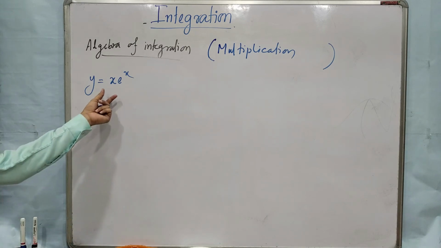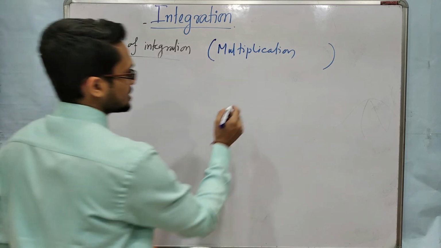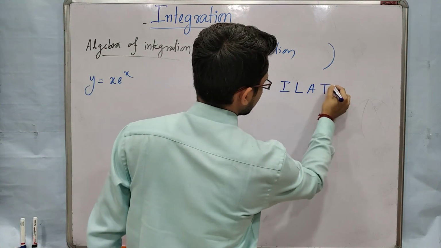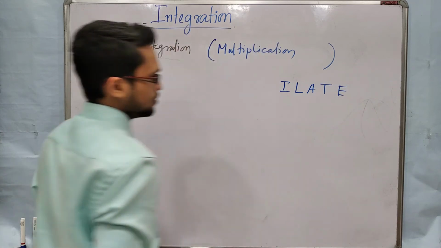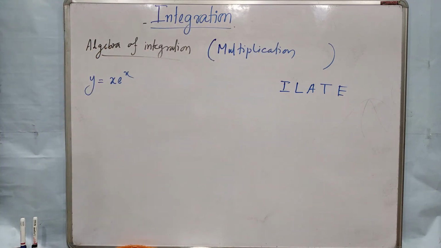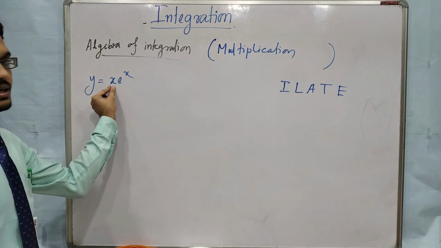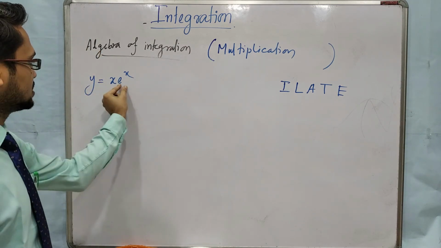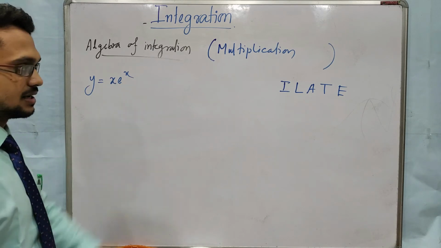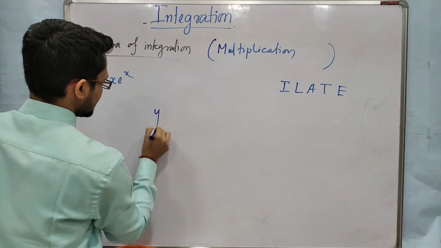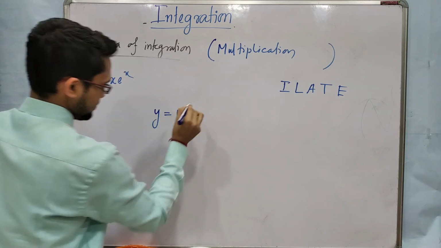So before starting this integration, I am telling one thing, that is ILATE. This is a very important tool which makes you sure which quantity you will take as the first quantity and which quantity you will take as the second quantity. Okay, so here basically the equation is, suppose y equal to uv.